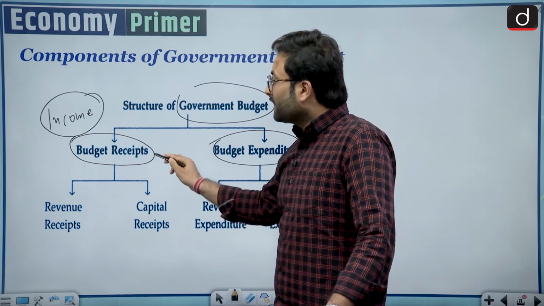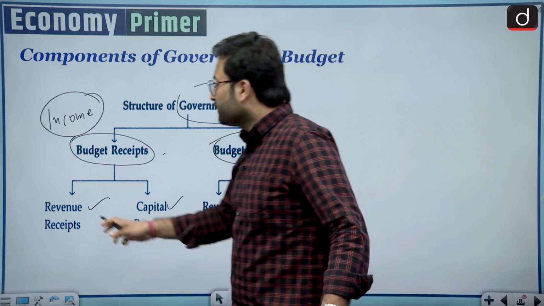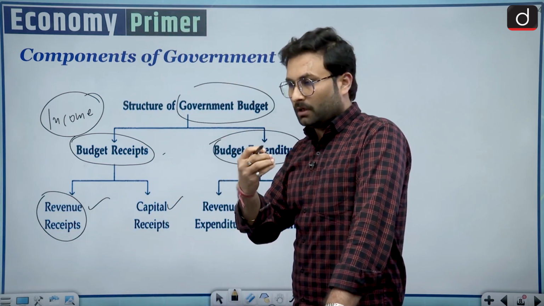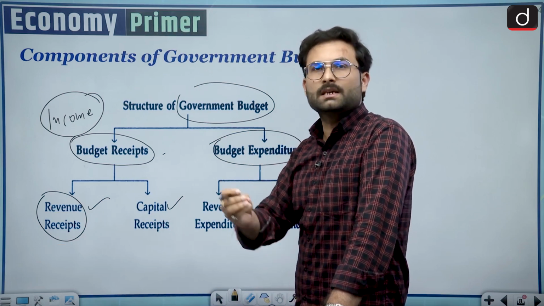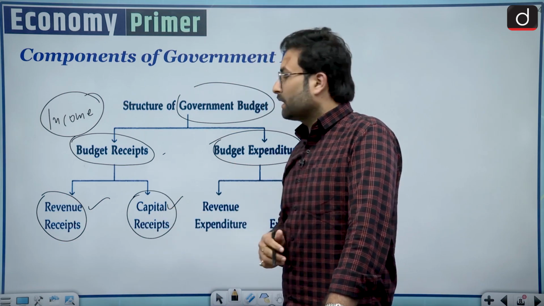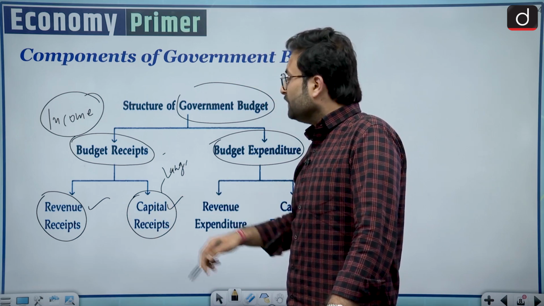There can be revenue receipts and capital receipts. In simple words, the revenue receipts are those which are received for a shorter period of time, for day to day thinking. And capital receipts you can consider as long term.